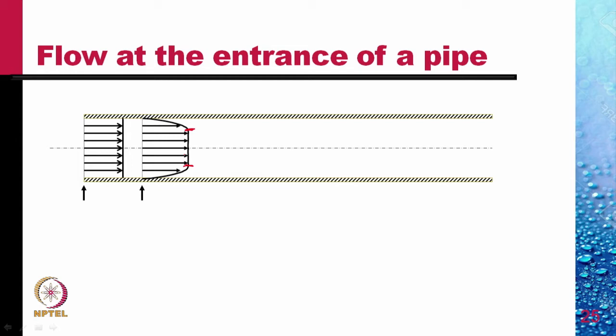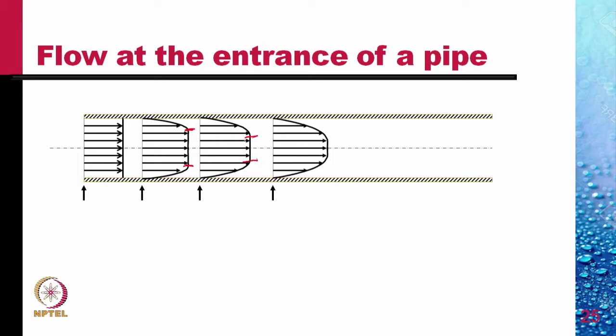At a little further distance, this penetration would be further down, more, till all the fluid in the pipe is affected by the viscosity. This penetration of the viscous effect is the same thing that we discussed in the last lecture, the diffusion of vorticity.